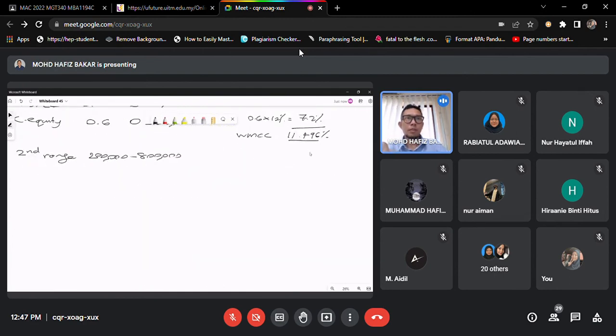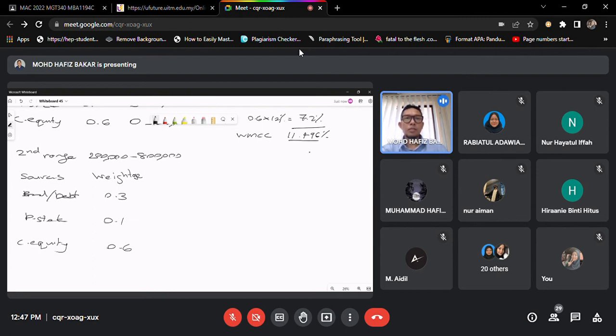Same concept, kita construct table. Sources, bond or debt, preferred stock, common equity. And then this will be your weightage. 0.3, 0.1, 0.6.